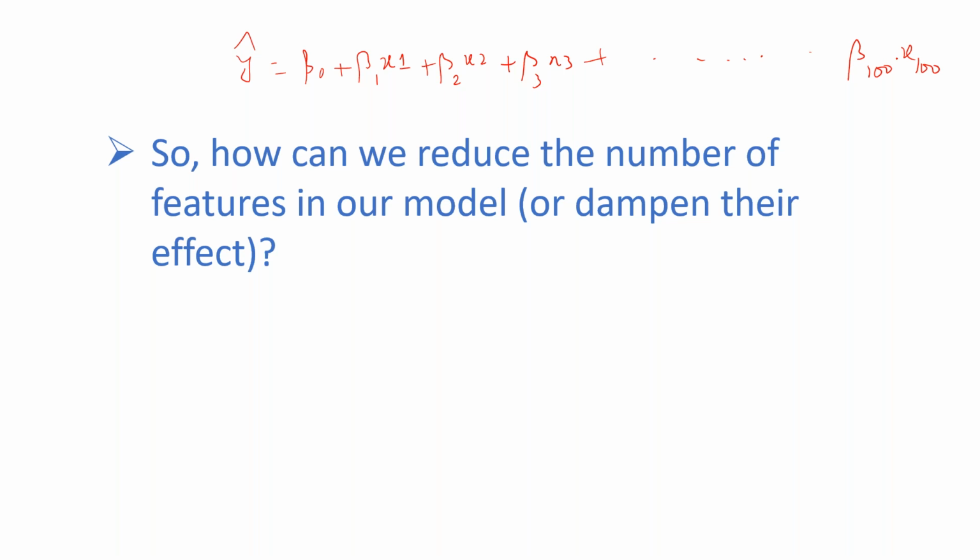So there are too many features, and that is what is causing my overfitting problem. How do I solve this problem? How can we reduce the number of features is one thing.